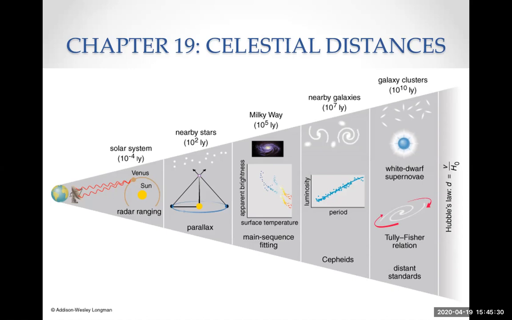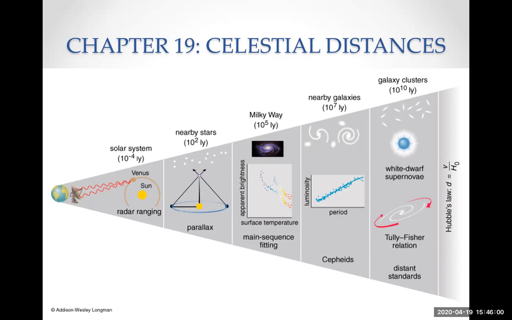The reason this method is useful is that because they're nearby objects, if we transmit radar waves, aka radio waves, towards these planets, it'll take a couple of years for them to travel to the furthermost planets and a couple of years to bounce back to us, for example with Saturn and Uranus and Neptune. But for a planet like Venus, we send these radio waves to Venus, and within a couple of days they bounce back to us, no problem.